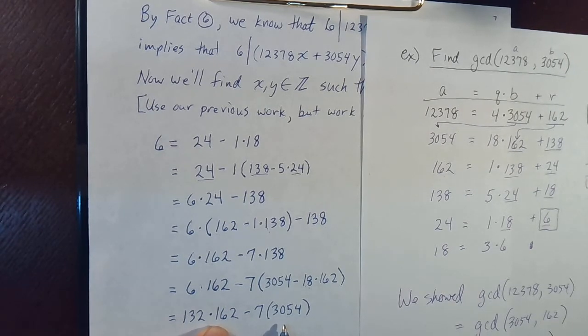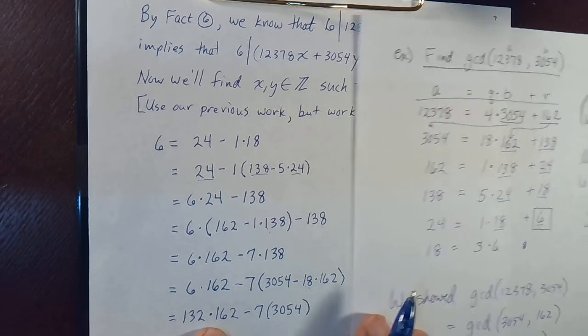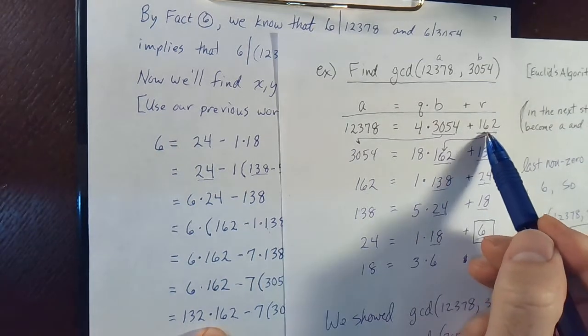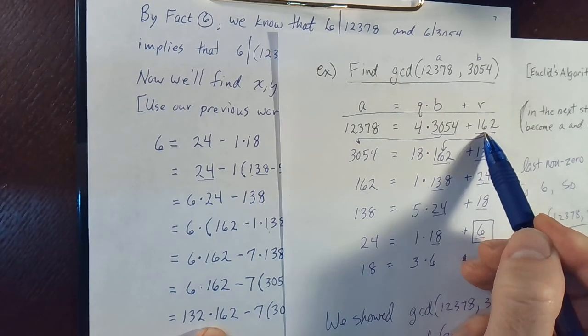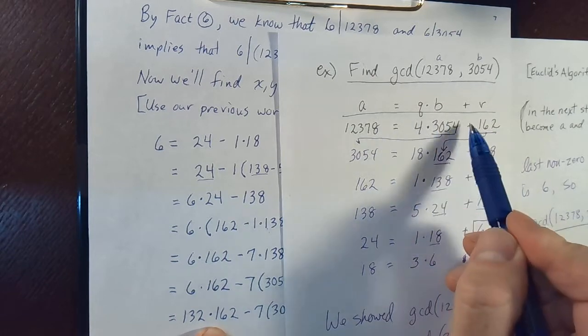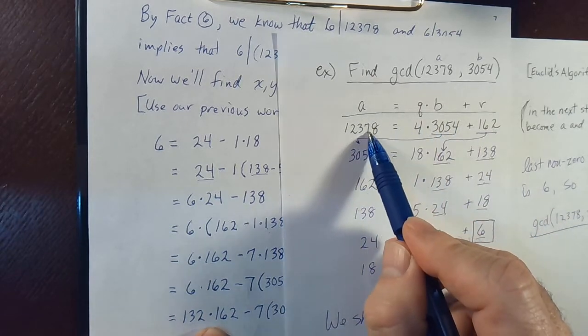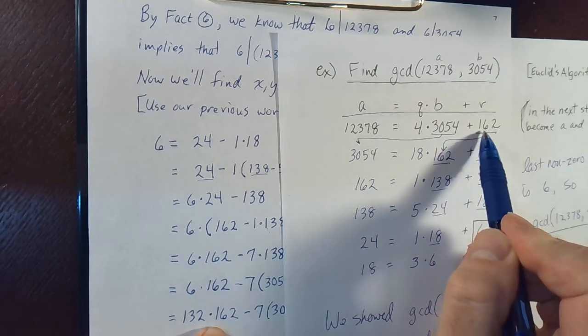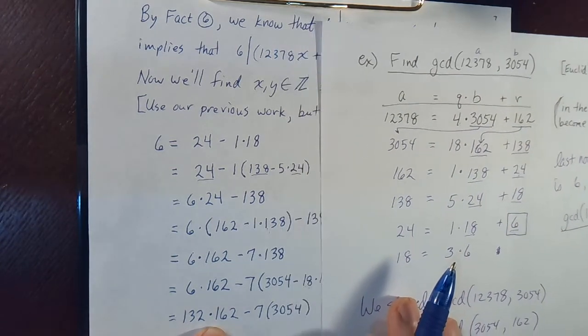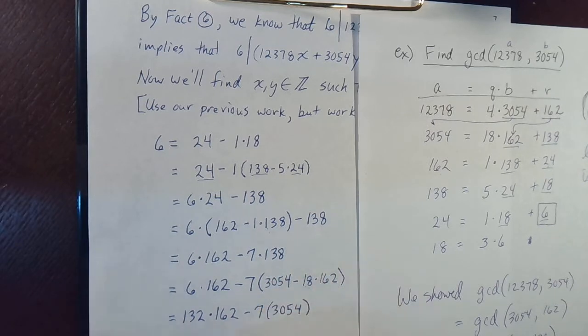Okay, so now we've got 132 times 162, and now I'm going to have to replace this 162 because we're going back. We only have one more equation to go to. We're all the way at the top. This remainder is 162. 162 is equal to 12,378 minus 4 times 3054. So let's replace 162.